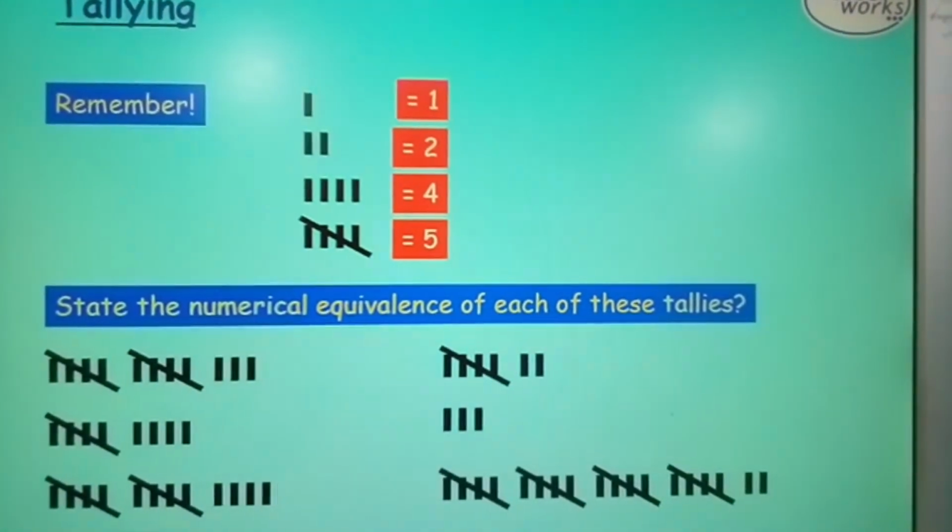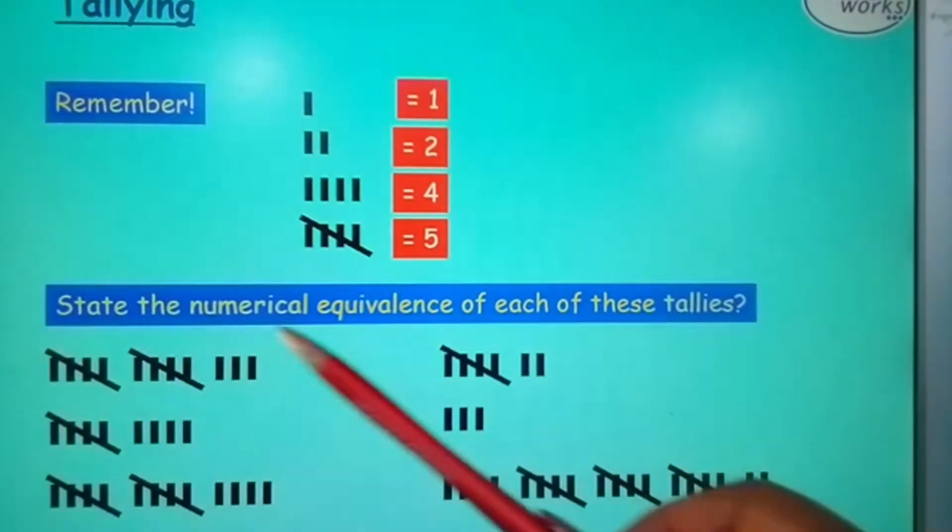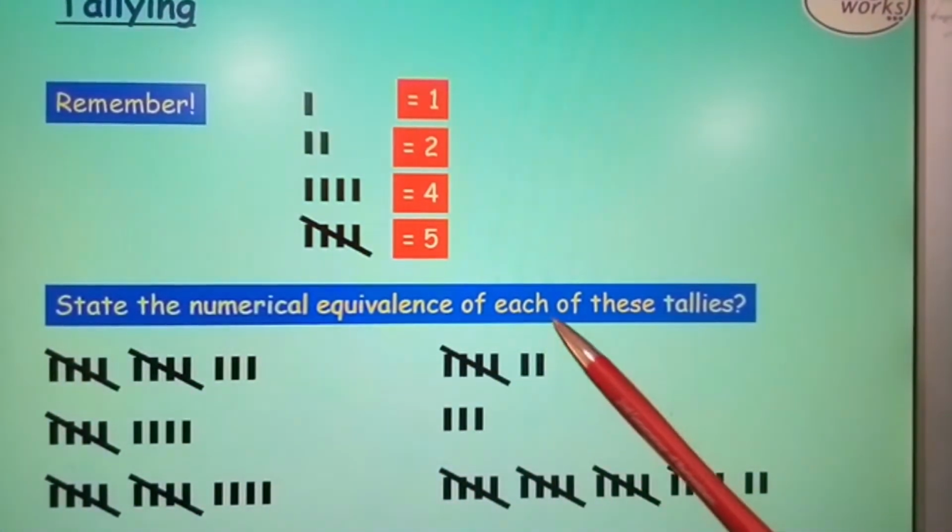So let's look at that. State the numerical equivalence of each of these tallies.